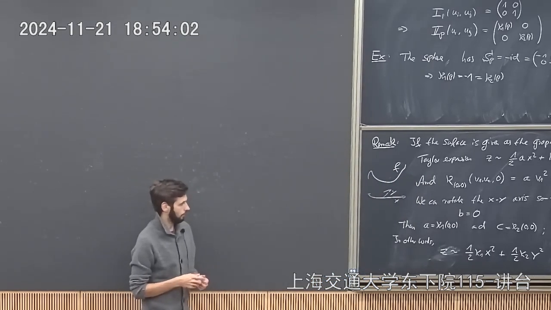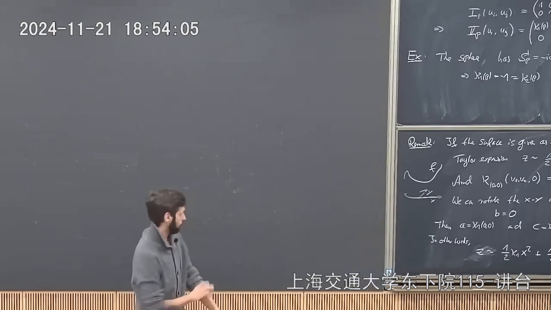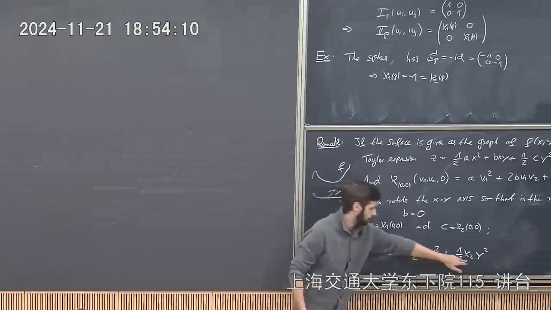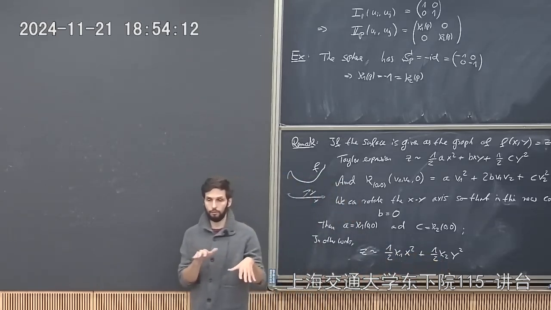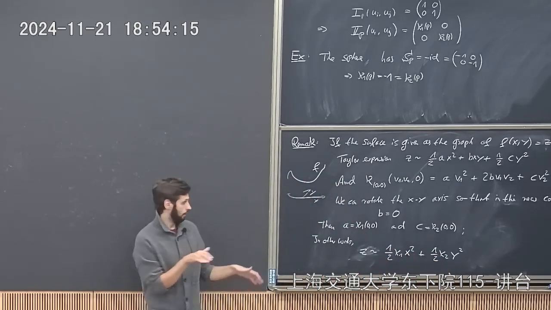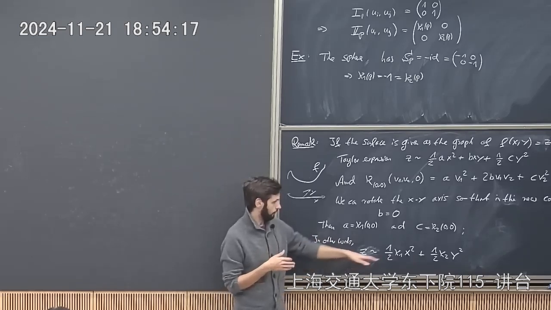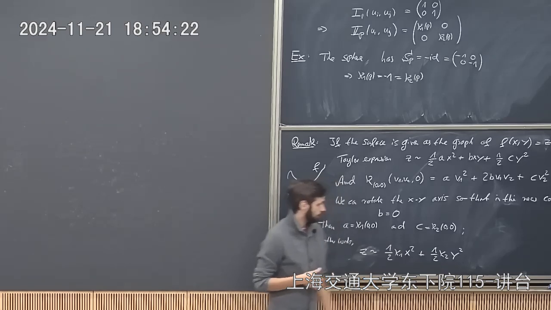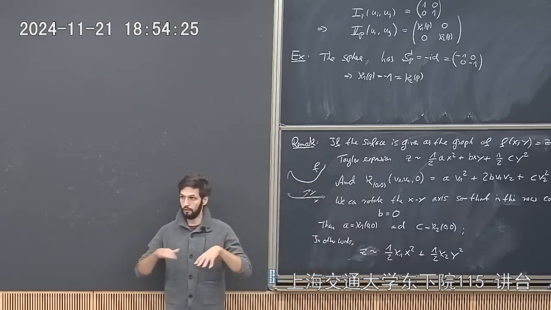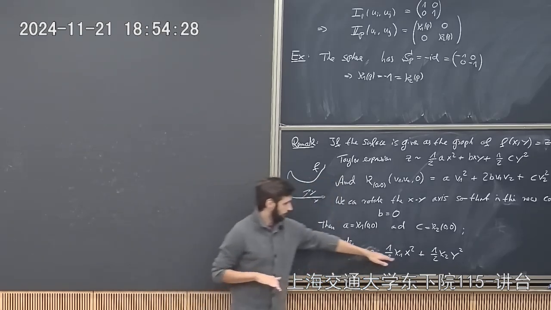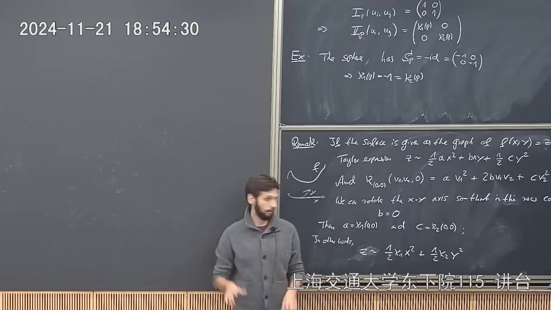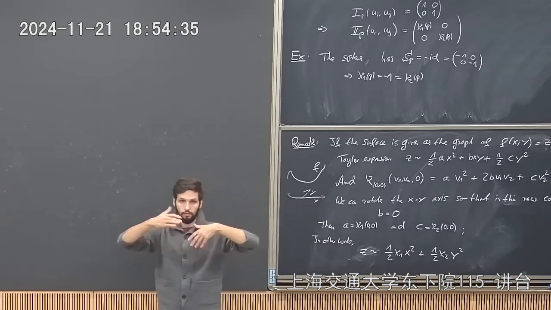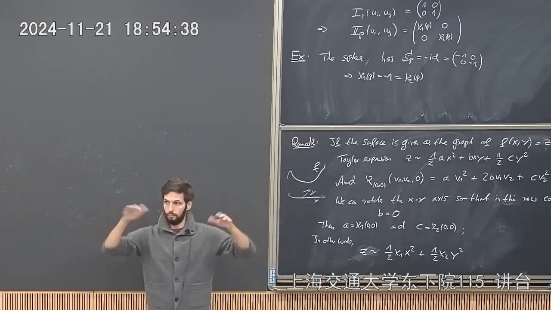So that's one way. And the other way, of course, gives you automatically some idea that once you know kappa 1 and kappa 2, you know how your surface looks locally around that point. In second order, my surface goes in the x direction like x squared, and in the y direction like y squared, both with the prefactors kappa 1 and kappa 2, giving you how parabolic they are and in which direction.